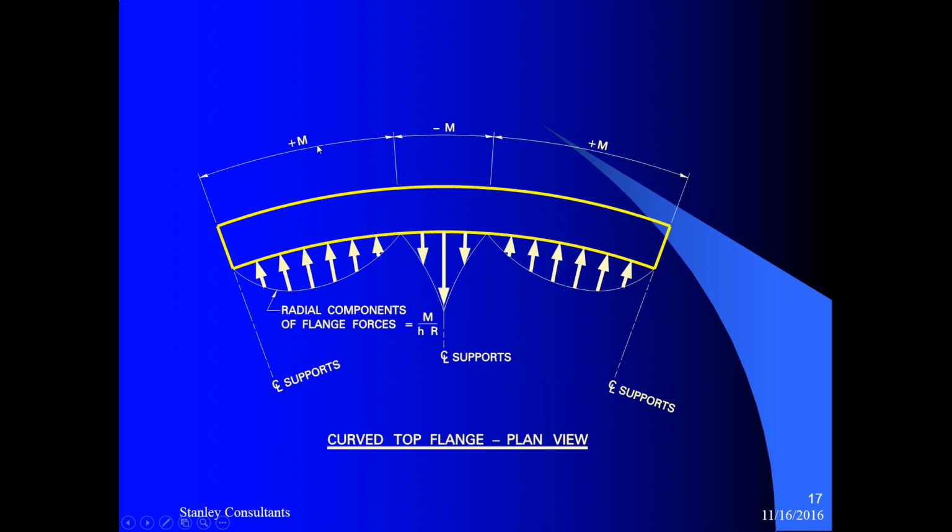Since these lateral forces are directly proportional to the bending moment, the radial component of flange forces are all proportional to the bending moments, and they follow the same shape as the bending moment diagram.